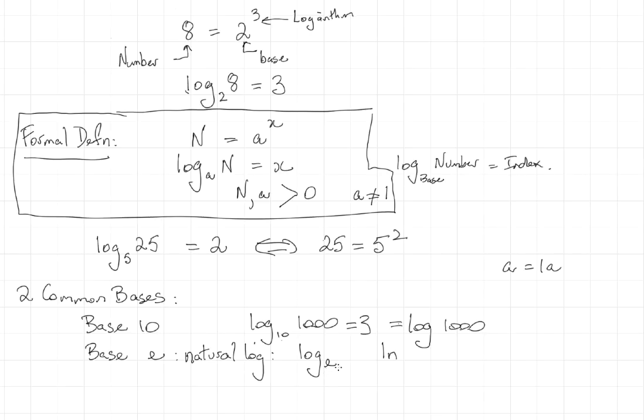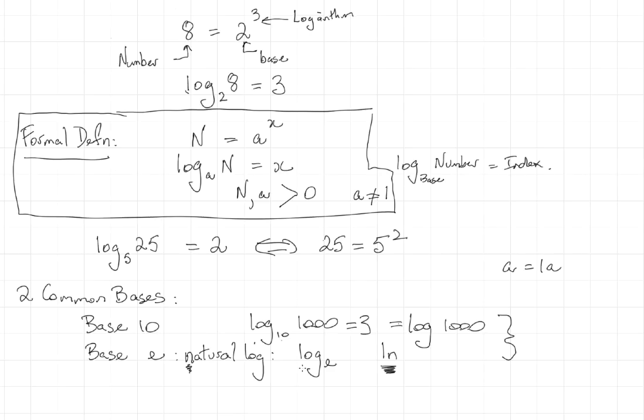And we don't have to write base e. The n in ln stands for natural log. So if you see ln on your calculator, that's log to base e. So they are the 2 on your calculator that you will use, log to base 10, and log to base e, depending on the situation as to which one you use.